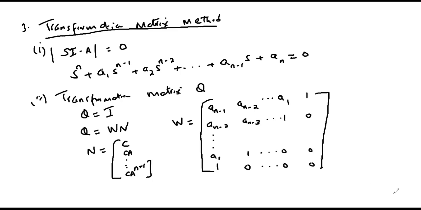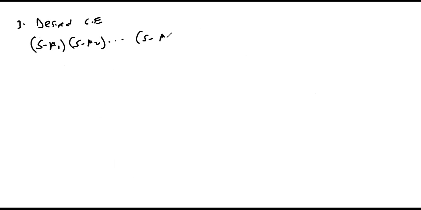Once we have the transformation matrix, number 3, we determine the desired characteristic equation of the system based on the location of the poles of the system as S minus mu1 into S minus mu2, all the way into S minus mu n equals 0, if mu1, mu2, all the way to mu n are the desired location of the poles.